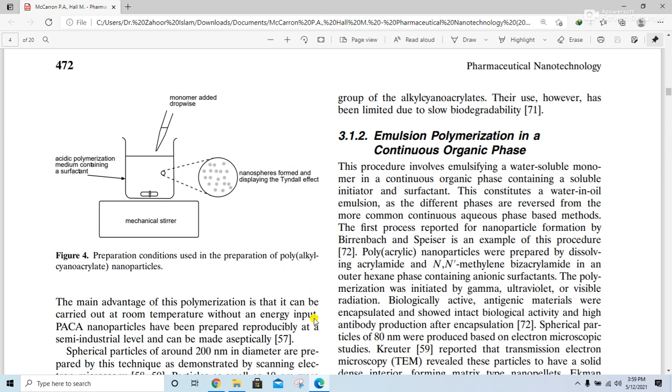This use, however, has been limited due to their slow biodegradability.